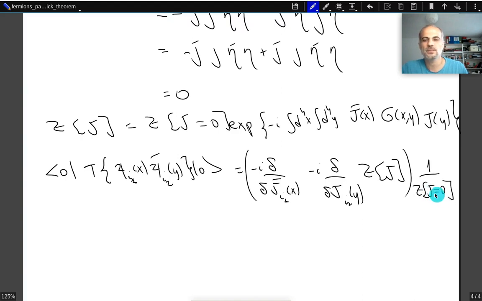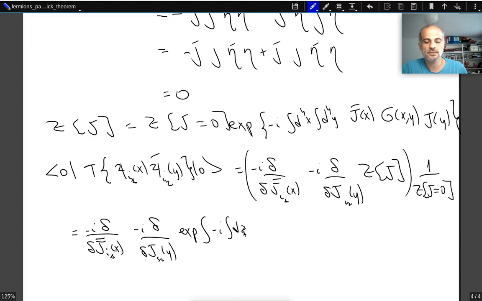You see, this doesn't depend on j, so when we use this expression, the z of j equal to 0 term will just cancel. So this is actually equal to minus I, the functional derivative with respect to j bar I1 of x times the functional derivative with respect to j I2 of y of this exponent.